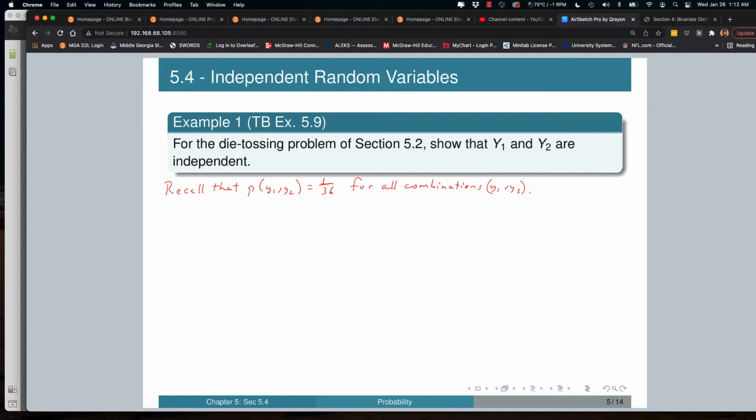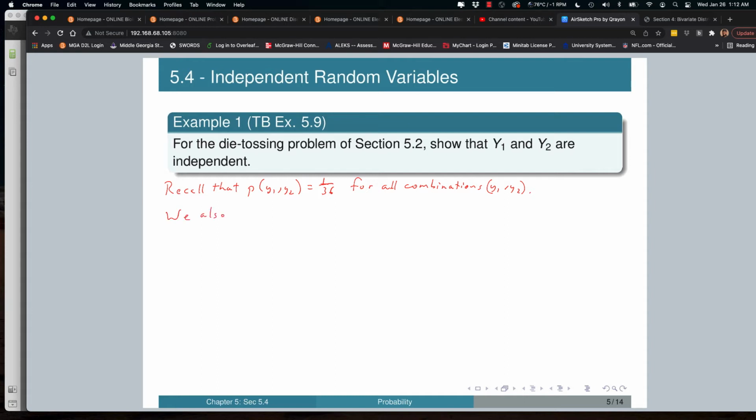Because remember, the very first time I did this example, I drew the little contingency table with 1 through 6 representing y sub 1 across the top, 1 through 6 down the side representing the y sub 2 variable, and we said rolling a 1 and a 1 was a 1 in 36 chance. The same thing would be true of rolling a 1 and a 2, a 1 and a 3, and so on. So they were all equivalent probabilities. And what we also did when we talked about marginal probabilities was the following.